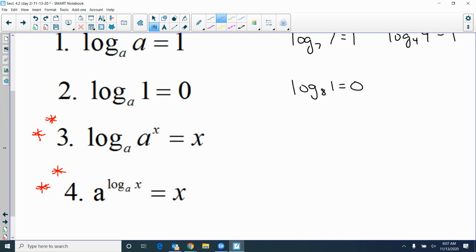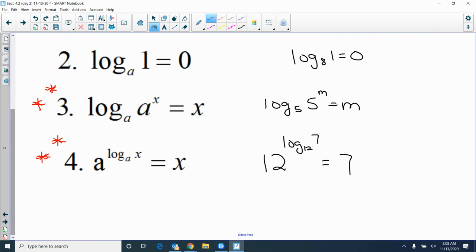So log base A of A to the X. Like we said, log base 5 of 5 to the M power would equal M, whatever that power is. If we've got a base and we do log base A of X, it's automatically going to be that X. So if I've got 12 to the log base 12 of 7, that's going to equal 7.